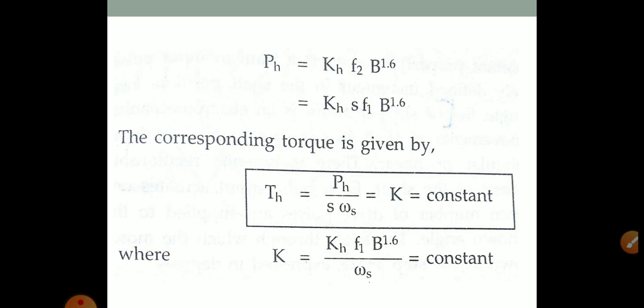The corresponding torque equation is given as Th equals Ph divided by S omega S. Now replace the value of Ph as Kh S f1 into B raised to 1.6. So we get the constant Kh f1 into B raised to 1.6 divided by omega S, because S present in the numerator and S present in the denominator get cancelled.